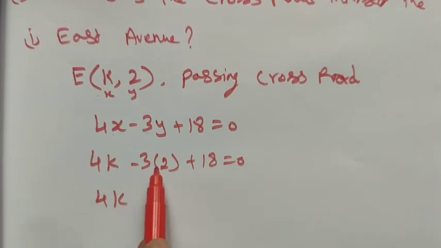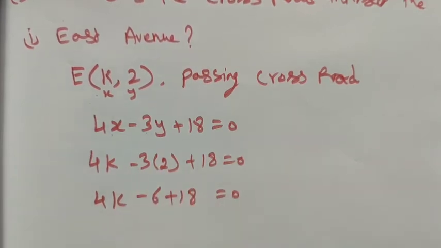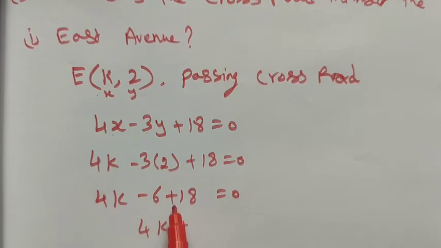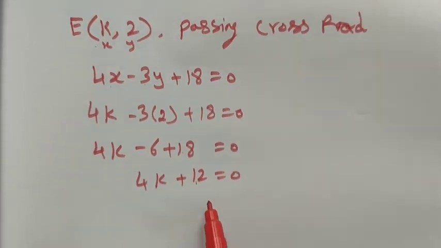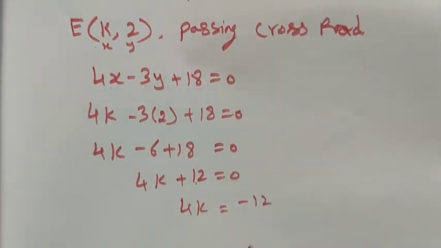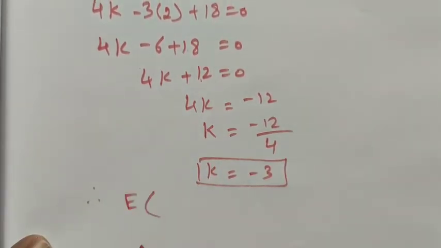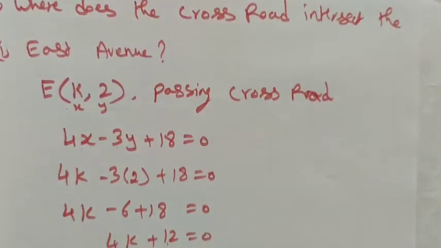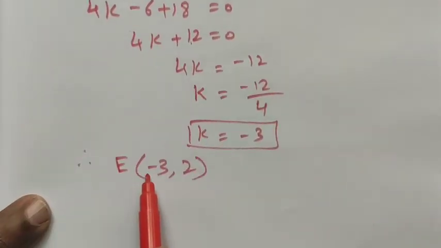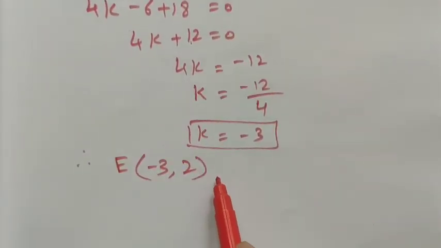Then 4k minus 6 plus 18 equal to 0. 4k plus 12 equal to 0. I take this 12 to another side. Then 4k is equal to minus 12. Then k is equal to minus 12 divided by 4. K is equal to minus 3. Therefore, E is k comma 2, and we have found that the k value is minus 3. It intersects at the point E, minus 3 comma 2.